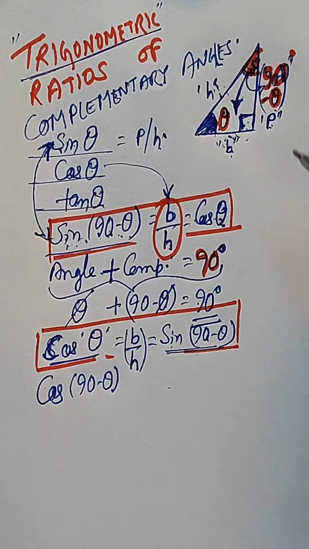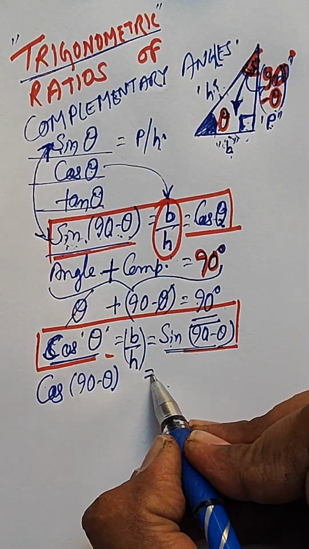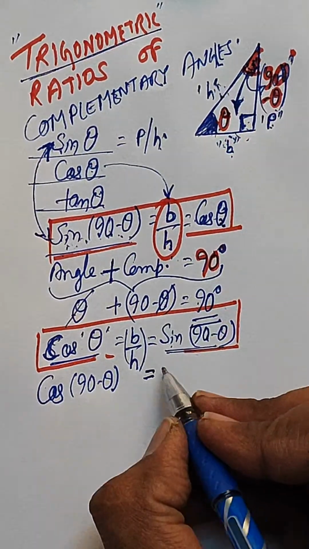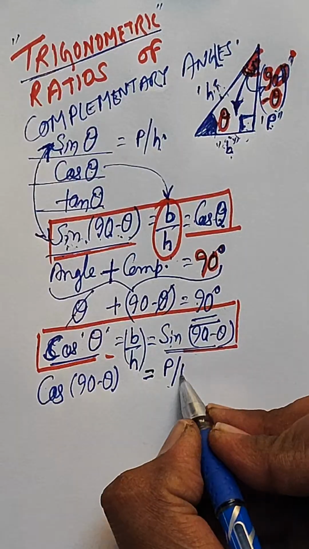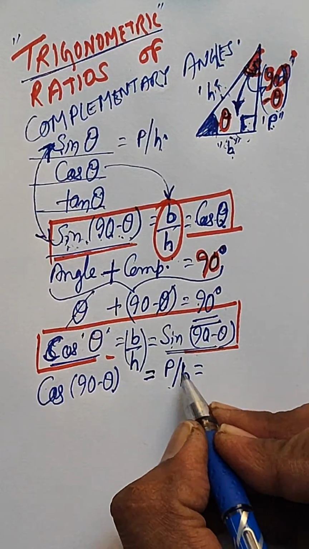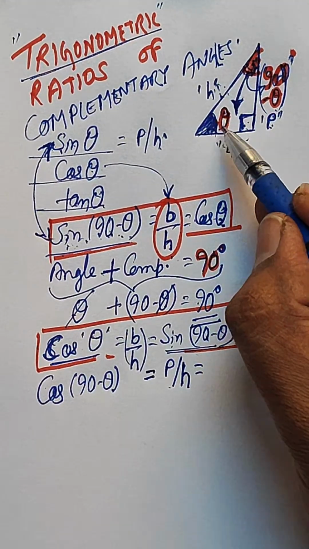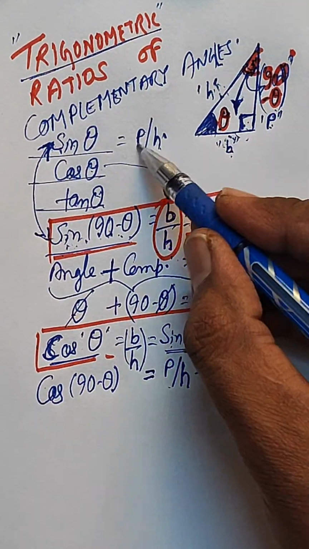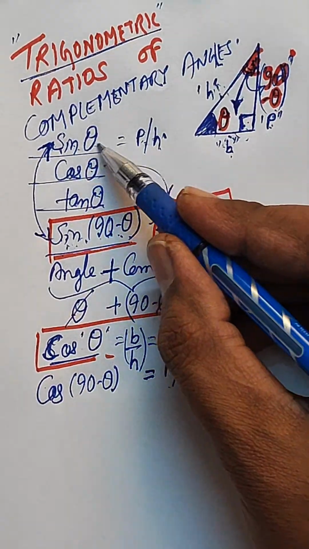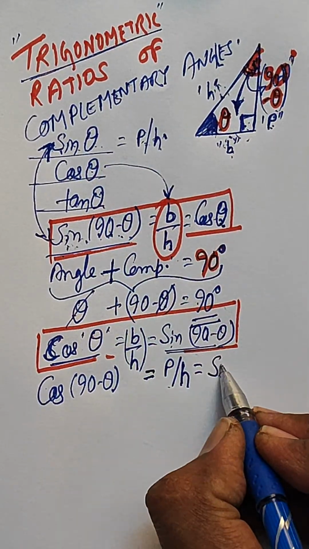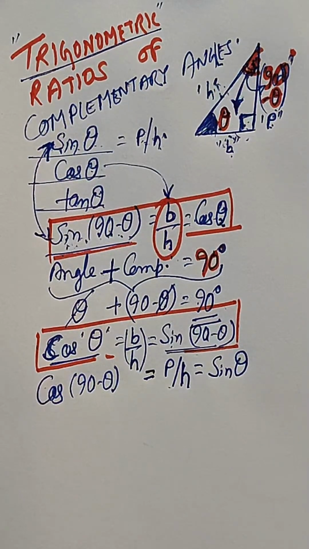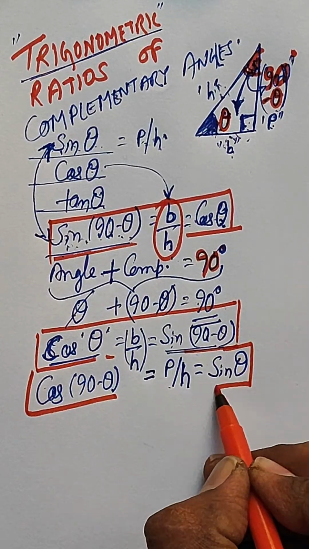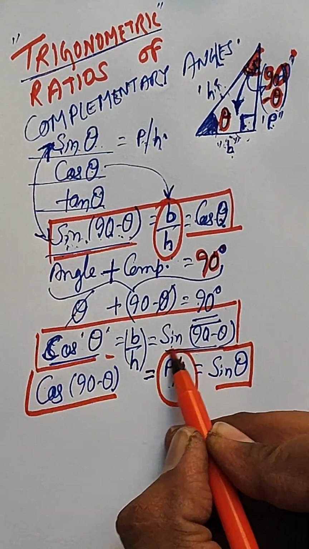So cos of 90 minus theta will be equal to P by H. And P by H, when you consider this theta, is the value of sin theta. So cos of 90 minus theta is equal to sin theta, because both of these values are equal to P by H.